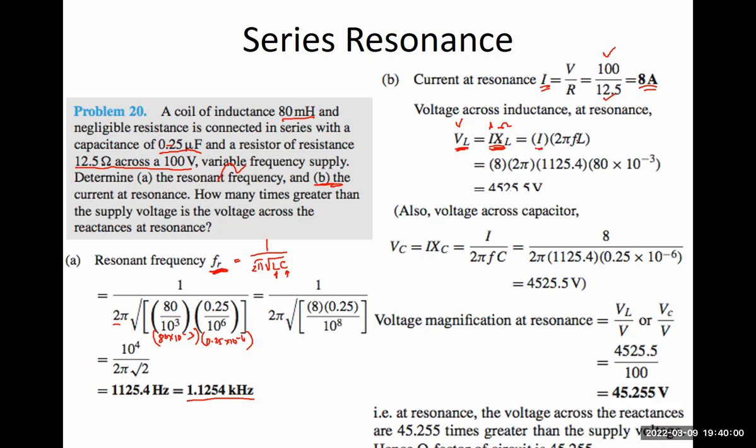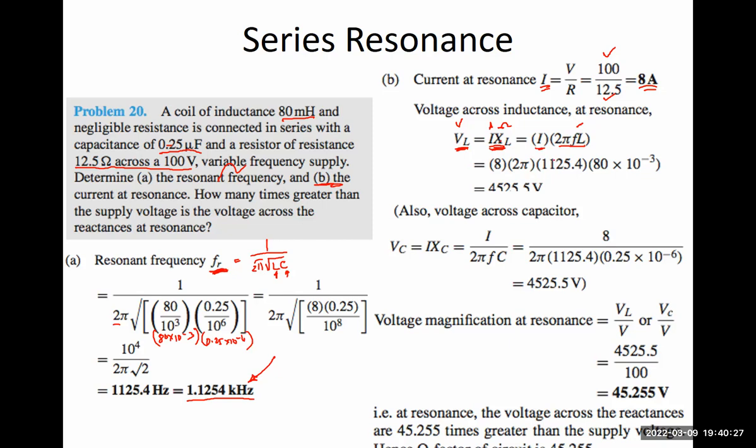And that is I multiplied by 2 pi FL. Okay, so we have a frequency coming from here, our resonant frequency. Okay, and that is 1.1254 kilohertz. Okay, or that is 1125.4 hertz.